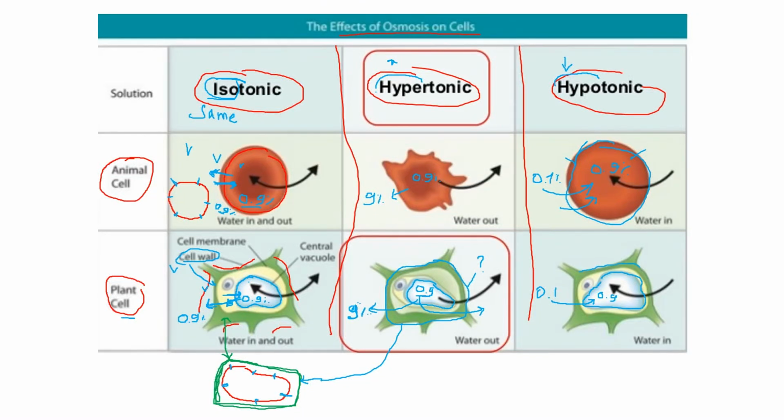But if we look at the size of the plant cell, is it changing? No, it's not changing. The size of the plant cell in any solution is the same. Why? Because plant cells are surrounded by a very sturdy cell wall, which does not allow the size of the cell to change.